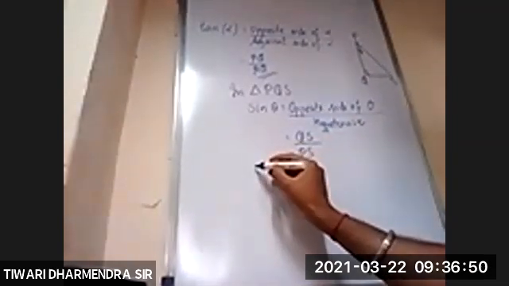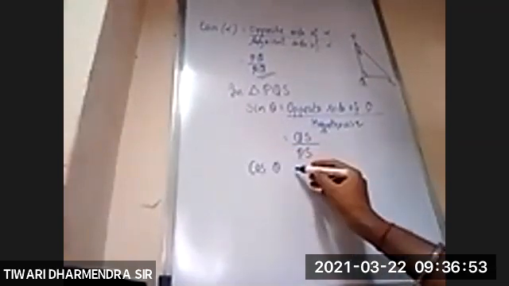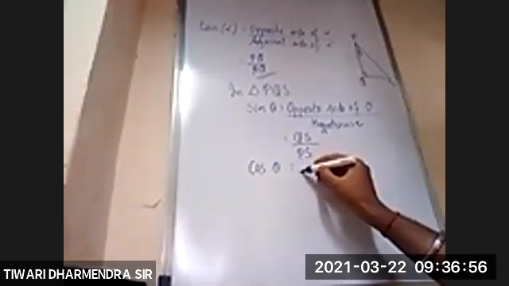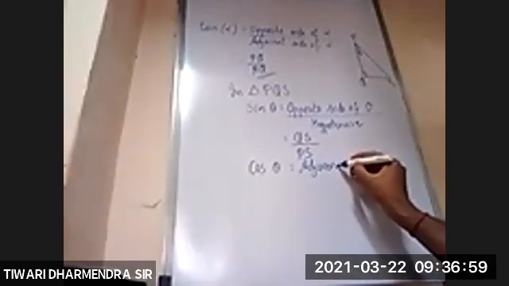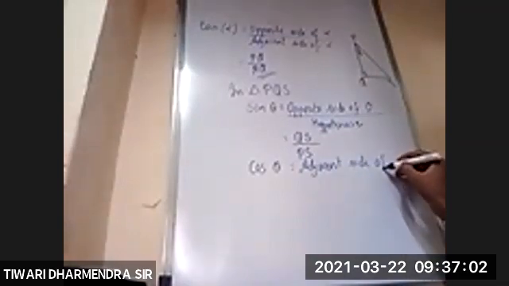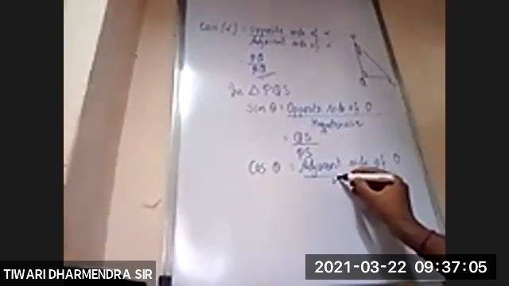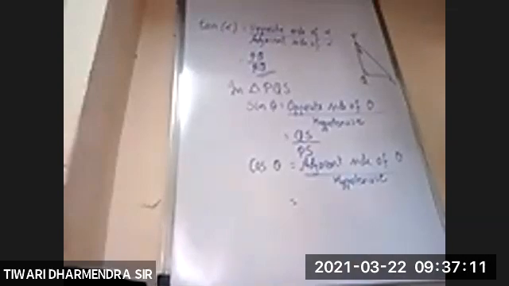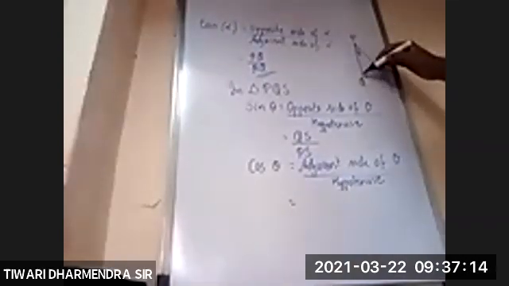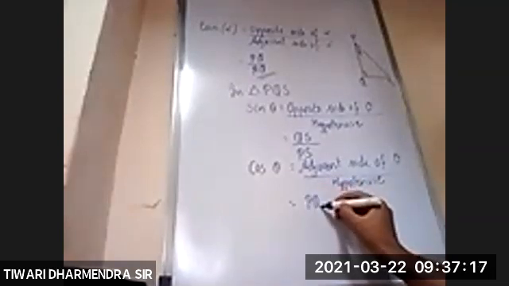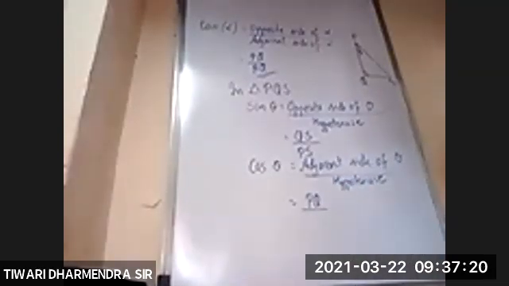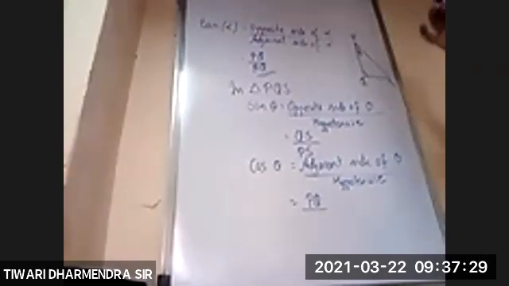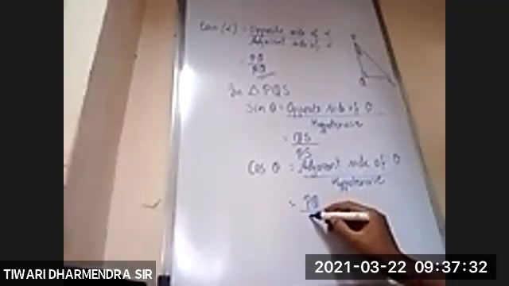Go for cos theta. Cos theta is adjacent side of theta divided by hypotenuse. Here we are having theta. Adjacent to theta is PQ, divided by hypotenuse. No, QS is not the hypotenuse. You can see opposite to 90 degrees is PS. Okay, good. So PS.